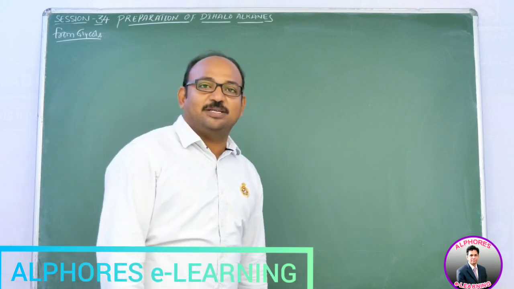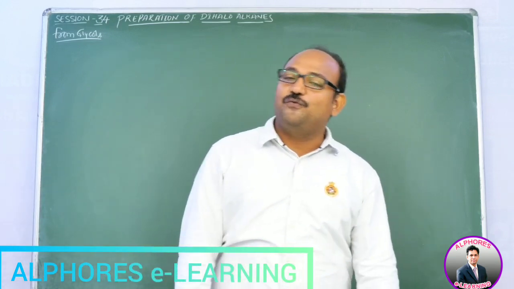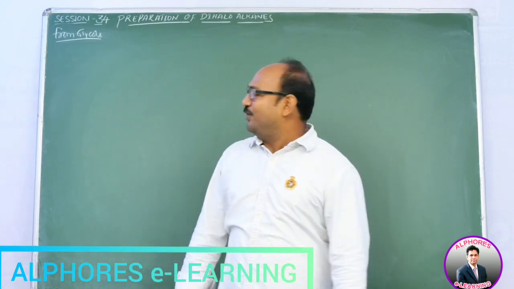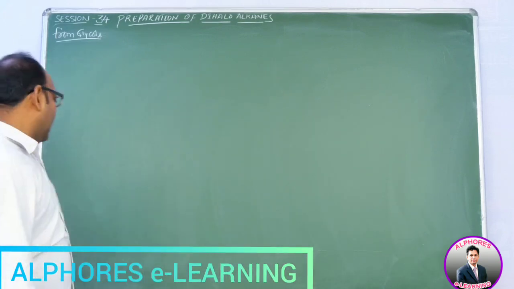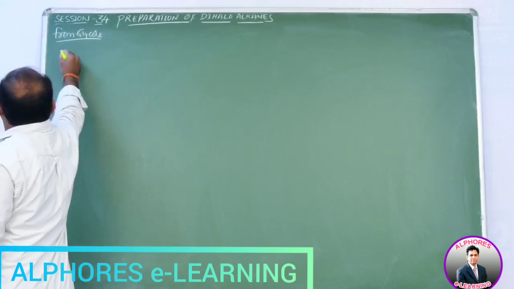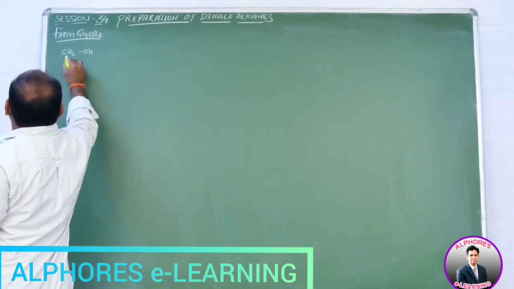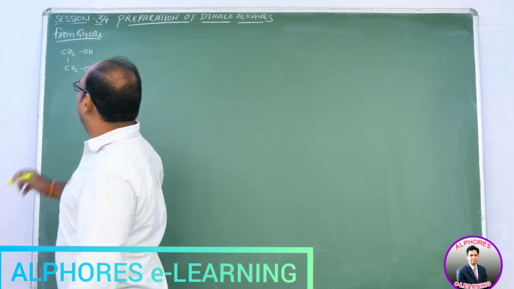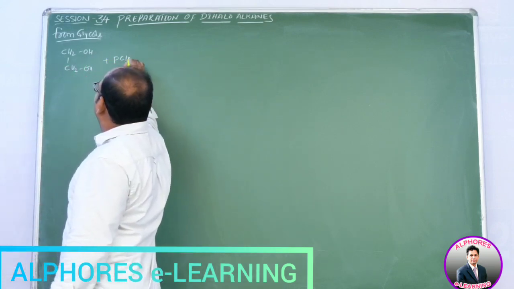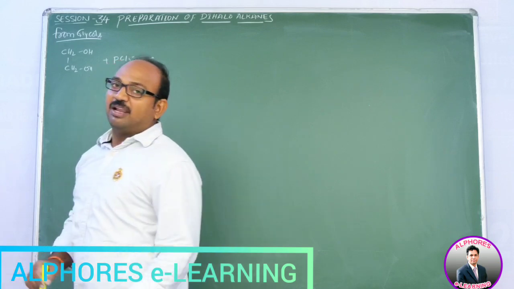Next, the method of preparation of vicinal dihalides from glycols. As we know very well, glycols are nothing but dihydric alcohols. Ethylene glycol, CH2OH, upon reaction with PCl5, phosphorus pentachloride.